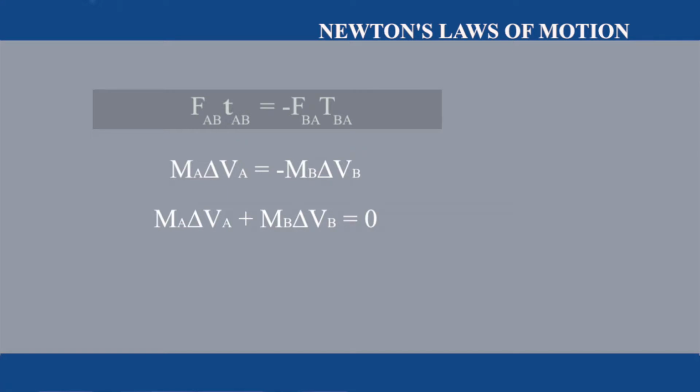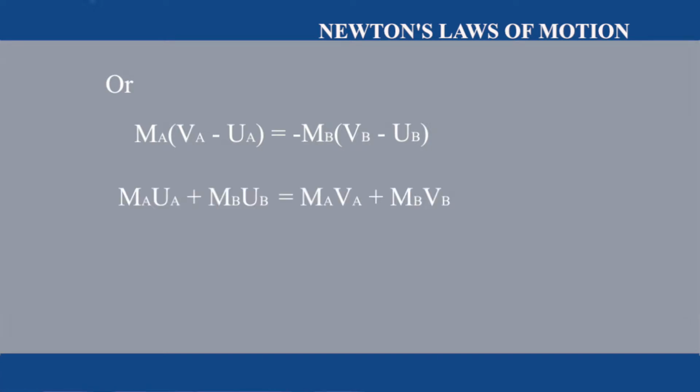The forces act between the objects when they are in contact. So the length of time for which the objects are in contact, TAB and TBA, depends on the situation. However, the time must be equal for both balls. Consequently, the impulse experienced by objects A and B must be equal in magnitude and opposite in direction. Therefore, FAB times TAB is equal to negative FBA times TBA.